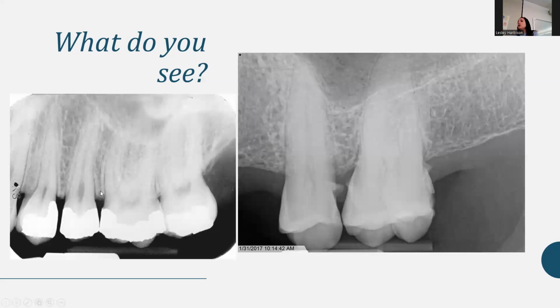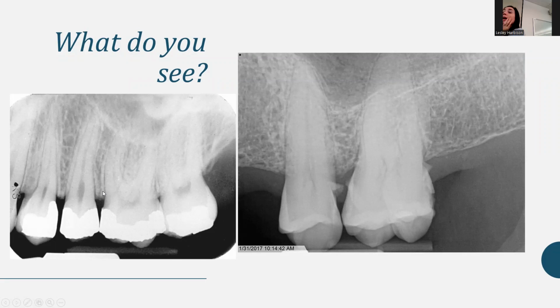And then what do you see over here on this one? Wouldn't it be bone loss in the second molar? Oh, bone loss here. Yeah, a little tiny bit. Or I'm trying to think, is this a healthy one? This might be a trick, because you can see a little roughness here in the bone, so that's probably triggering you to think a little bone loss.